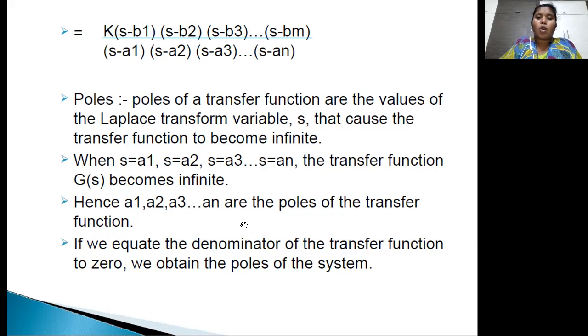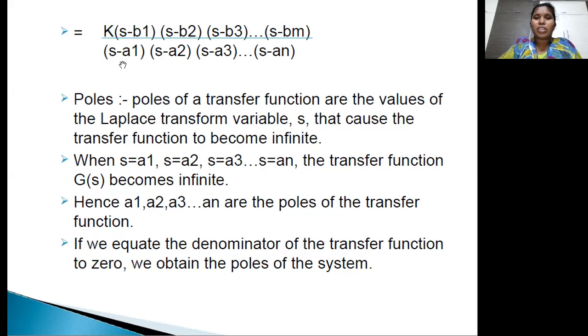So here I can say A1, A2, A3 are the poles of the transfer function. That means here we are equating the denominator to 0 to obtain the poles of the equation. Is it right? In the other way, I am equating the denominator of a transfer function equation to obtain the pole values. So here the denominator is S minus A1 into S minus A2 into S minus A3 and so on into S minus An.